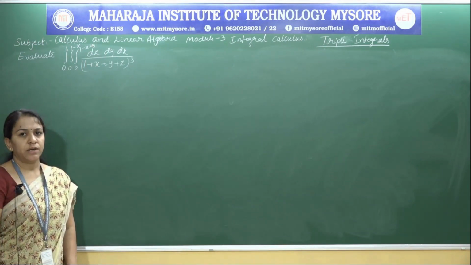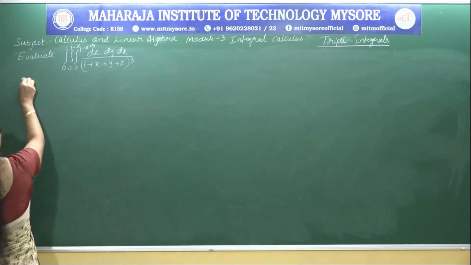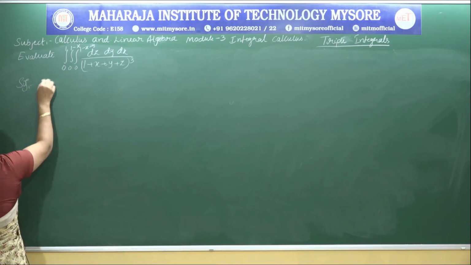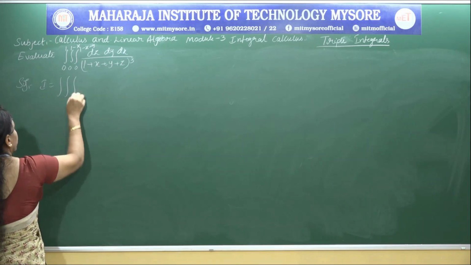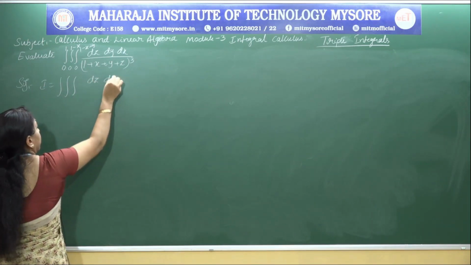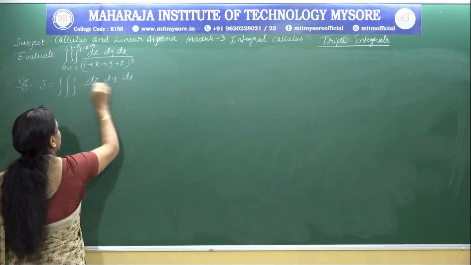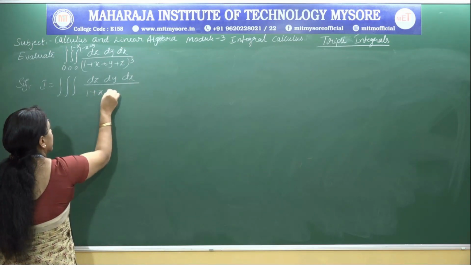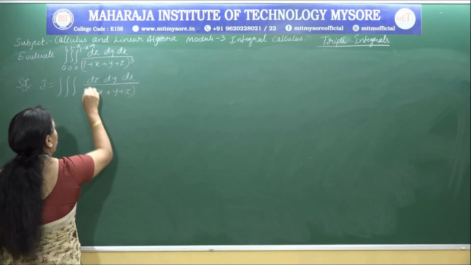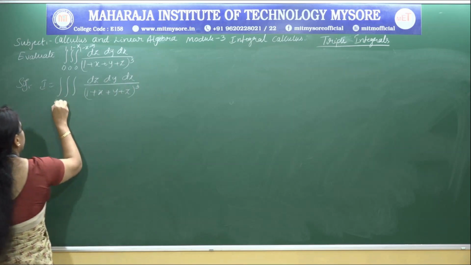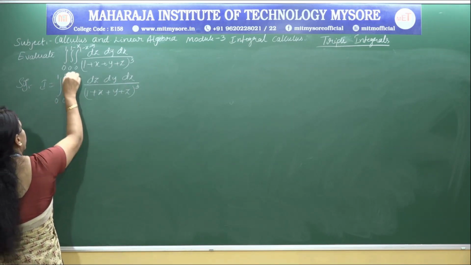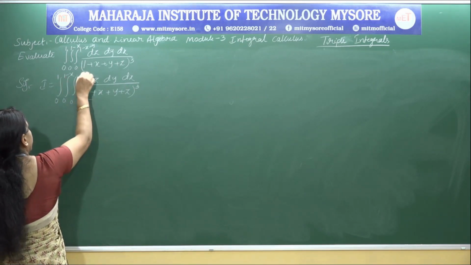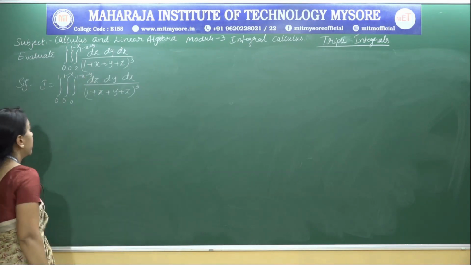So consider the given integral as I, that is I is the triple integral of dz dy dx divided by 1 plus x plus y plus z whole cube. Limits are 0 to 1, 0 to 1 minus x and 0 to 1 minus x minus y.